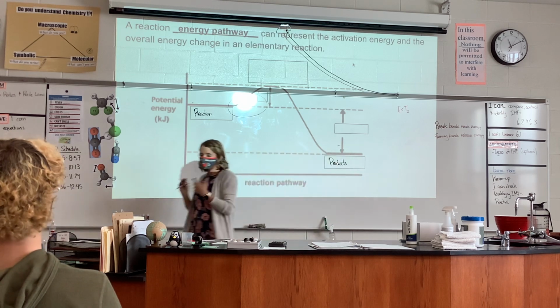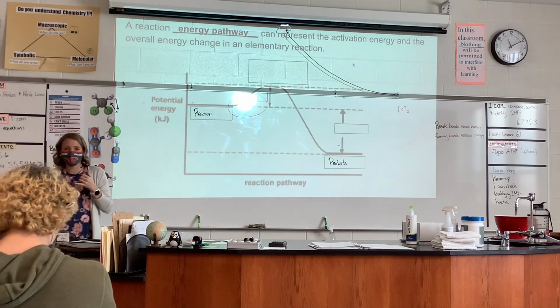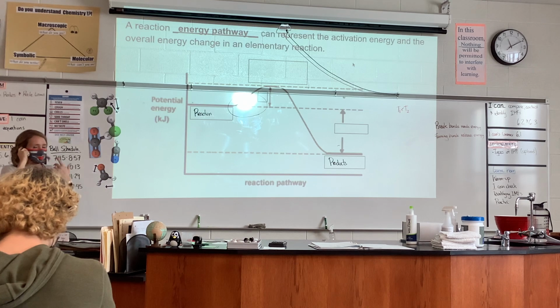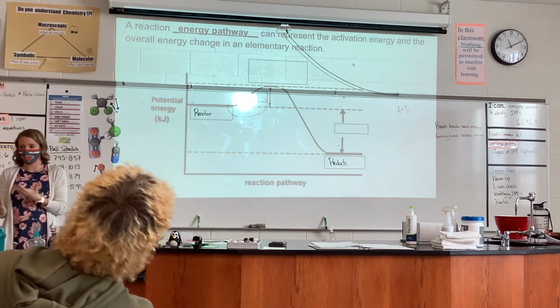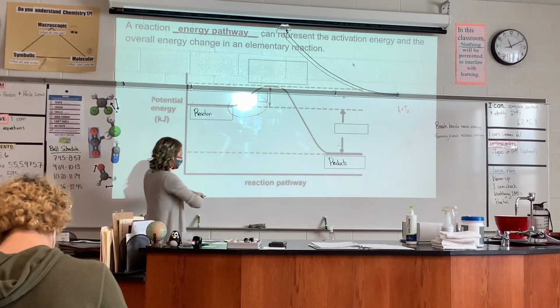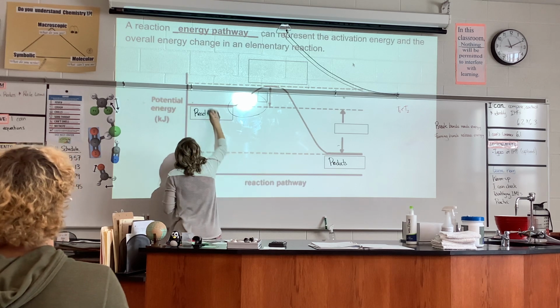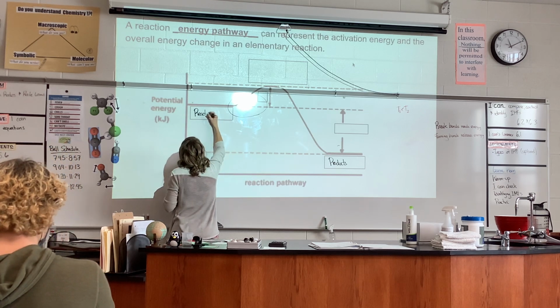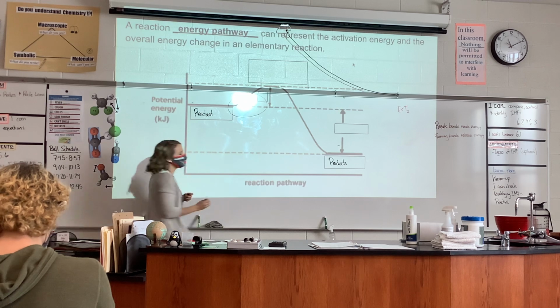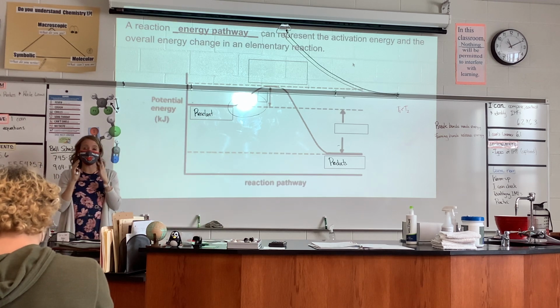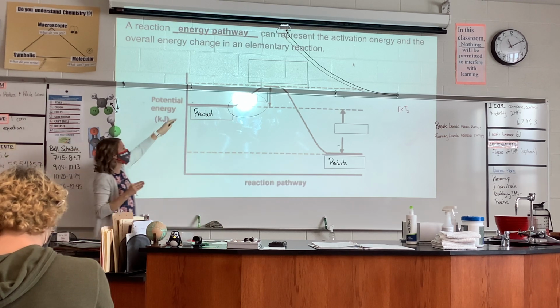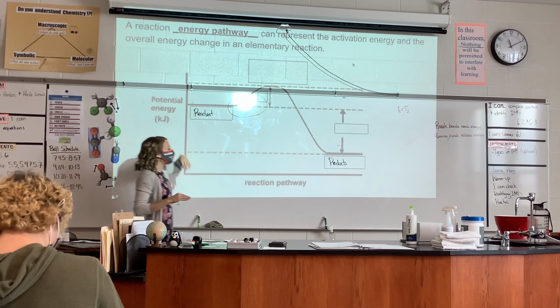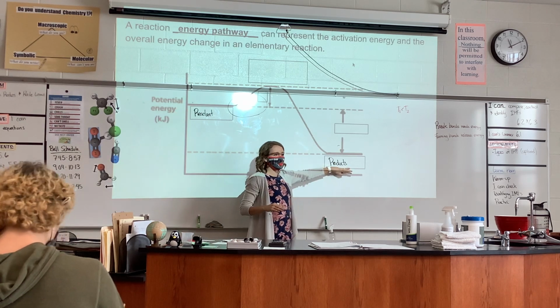Okay, so we're gonna look at a variety of these graphs, but the key patterns are the same of what they represent. The starting line represents the energy of the reactants, so how much energy those molecules have. The ending line represents the energy of the products.